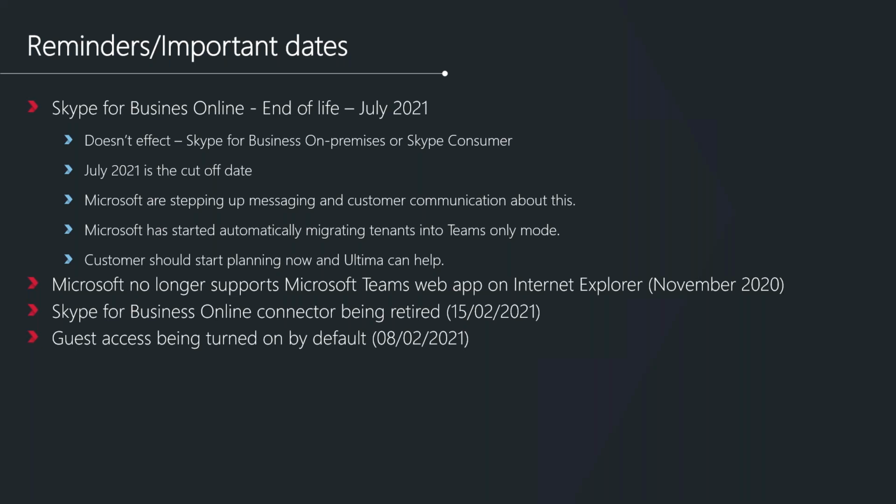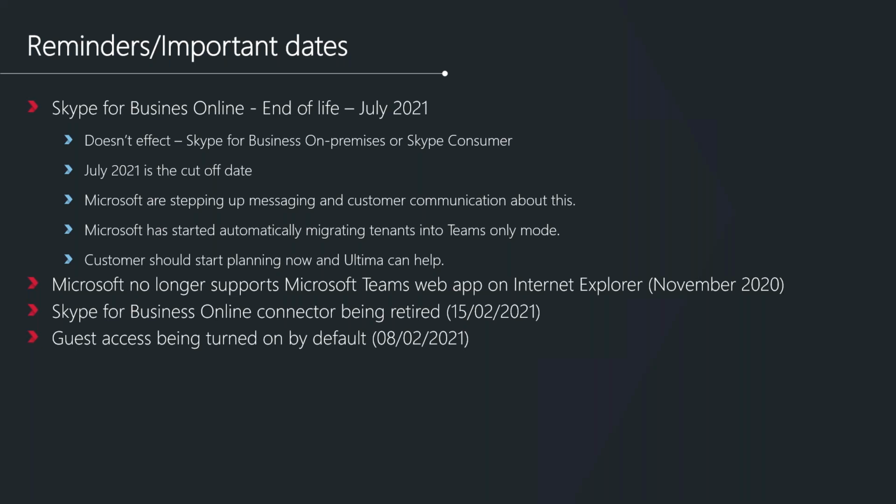So just a reminder, if you are doing any automation using that particular PowerShell module, the scripts will need to be updated to use the Microsoft Teams PowerShell module instead. Basically, they've rolled all the functionality from the online connector into the Microsoft Teams module instead.